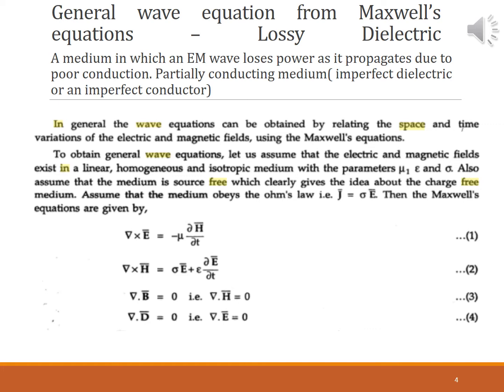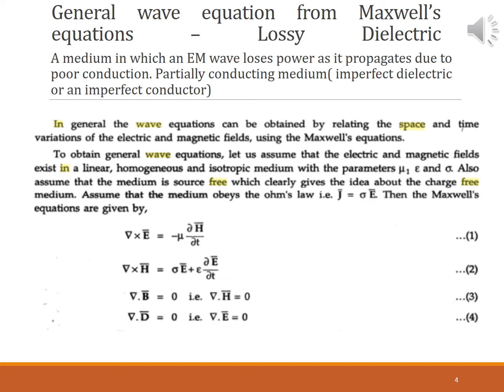Now, since the medium is charge free, del dot B and del dot D are both equal to 0. If del dot B is equal to 0, it implies that del dot H is also equal to 0. And del dot D equal to 0 implies that del dot E is equal to 0.